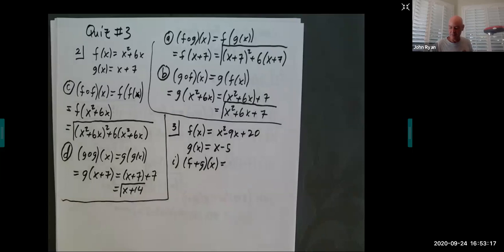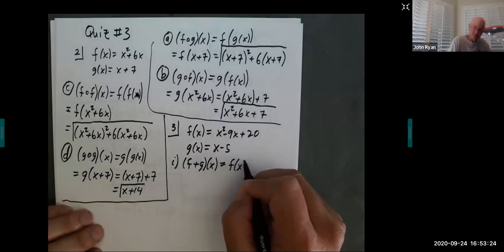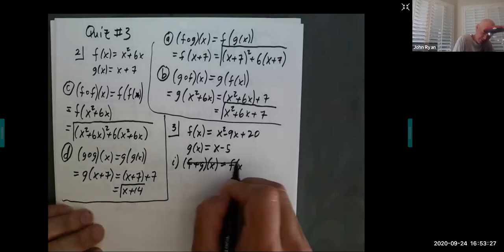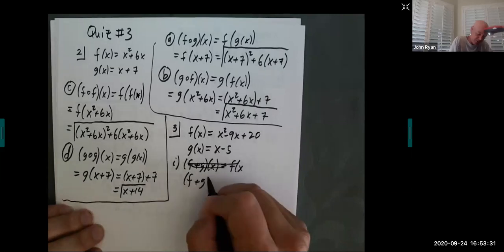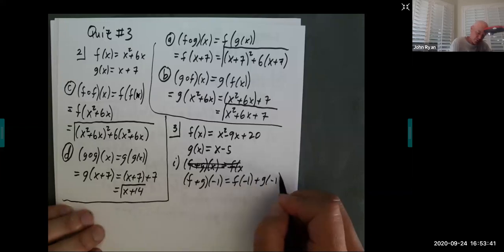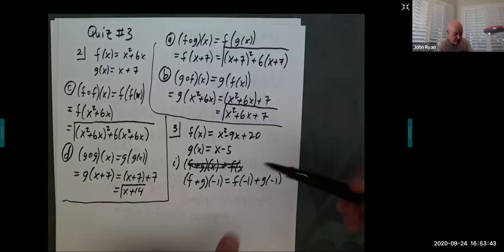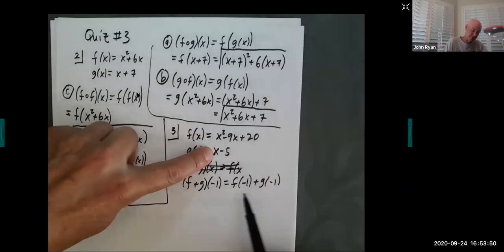And what that's going to mean for us is this is f of x. Oh, I'm sorry. Let me rewrite that. F plus g, I forgot, we're going to evaluate this at a value. So this means f of -1 plus g of -1. Meaning I'm going to evaluate f when x equals -1 here and here. Same with g. And when I get those results, I'm going to add them together.